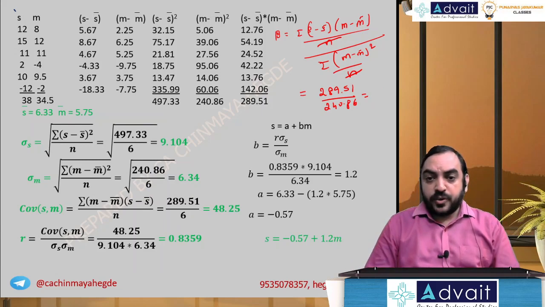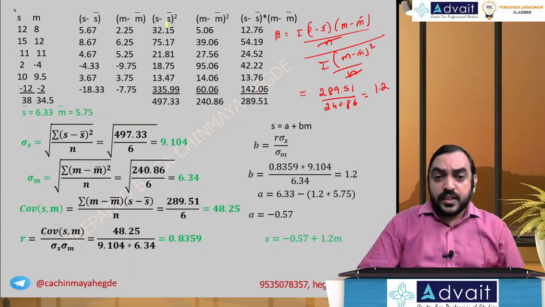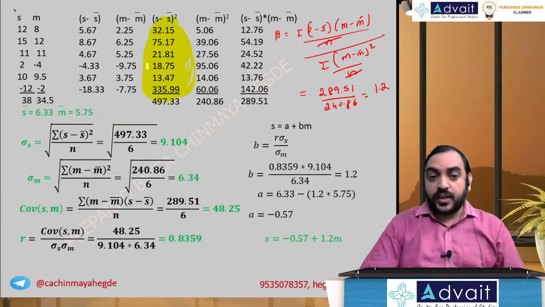So 289.51 by 240.86, 1.2 you get directly, isn't it? This s minus s bar whole square column is not required. I'm using only market variance.